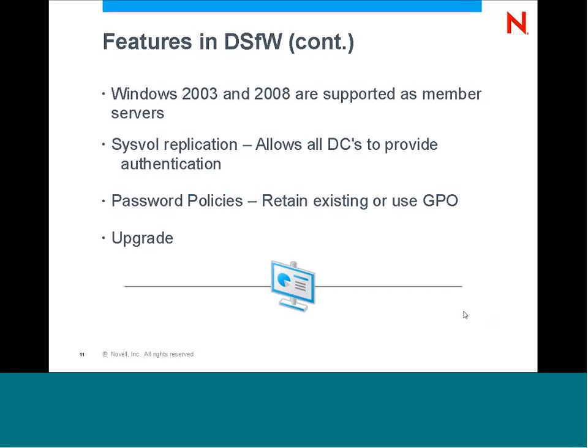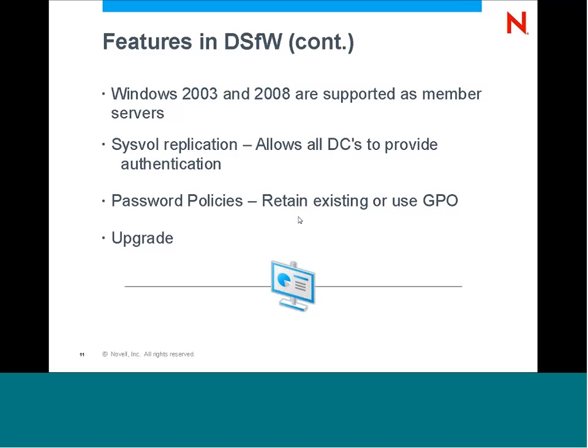And now, starting in SP2 and also in SP3, that Sis File is replicated to the other domain controllers and allows for those to provide the full authentication into the domain.